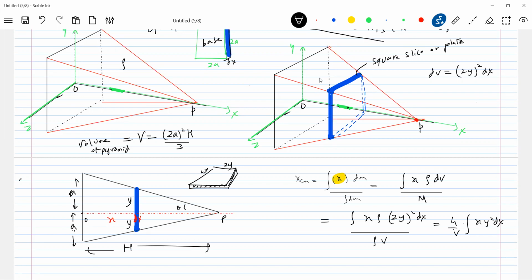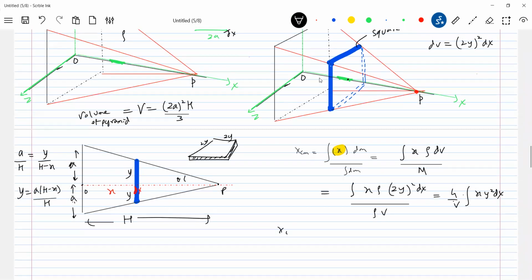From this triangle, a by h should be equal to y by h minus x. Tan theta equal to y by h minus x, and the same tan theta is equal to a by h. So I can replace y now. What is y equal to now? So y is equal to a (h minus x) by h. That you substitute here.